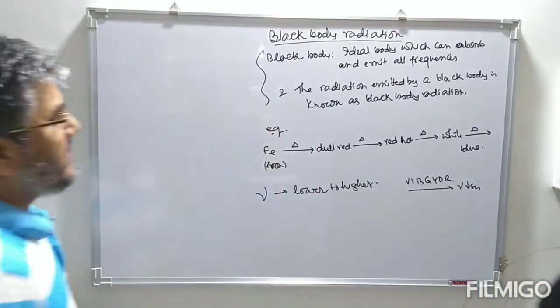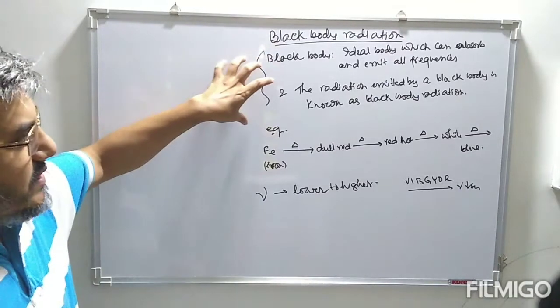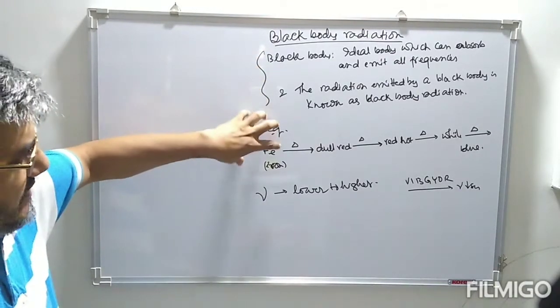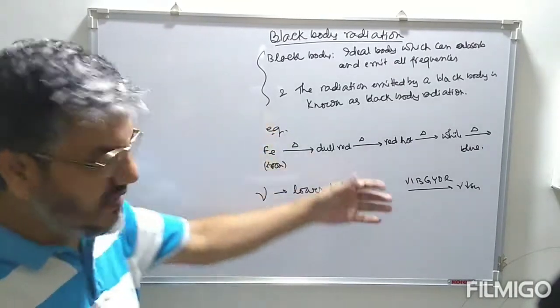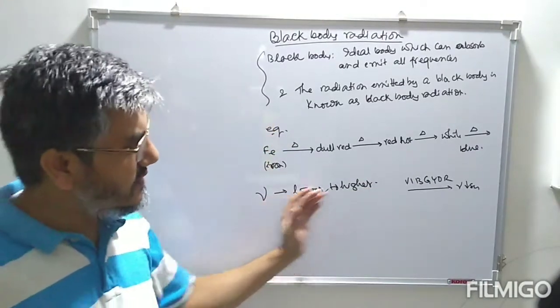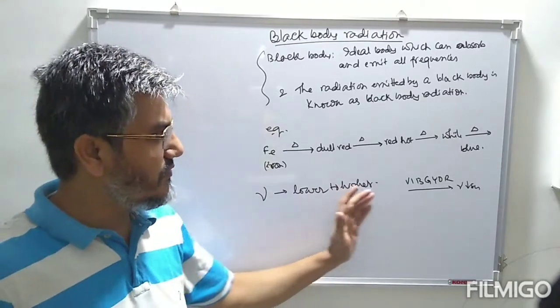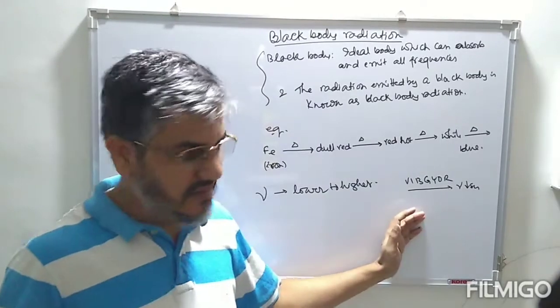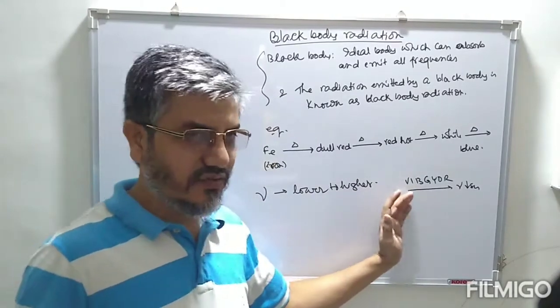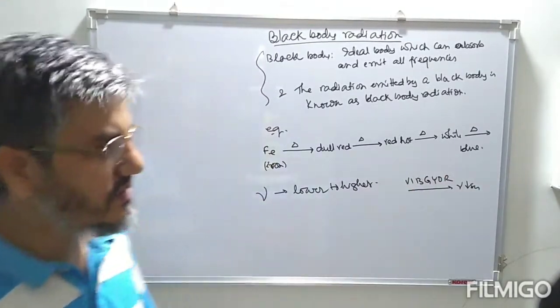So this black body radiation shows we have the same substance, and we keep on heating it. As the temperature increases, the frequency of emitted radiation also increases, or wavelength decreases. As the frequency increases, the energy of radiation also increases.